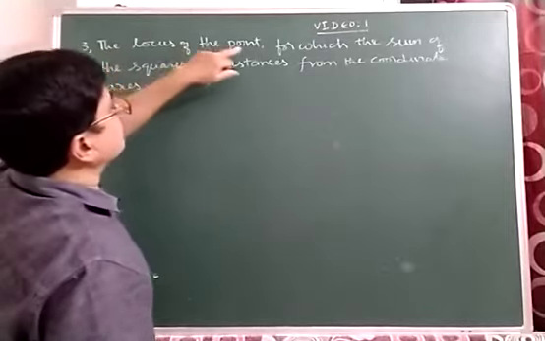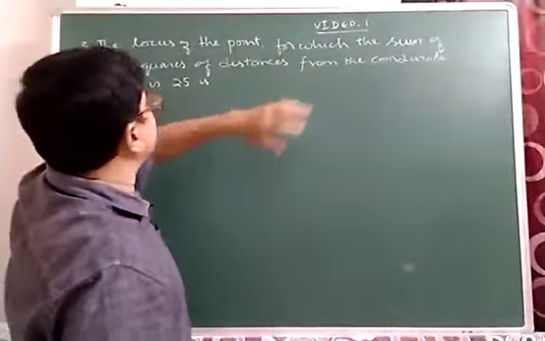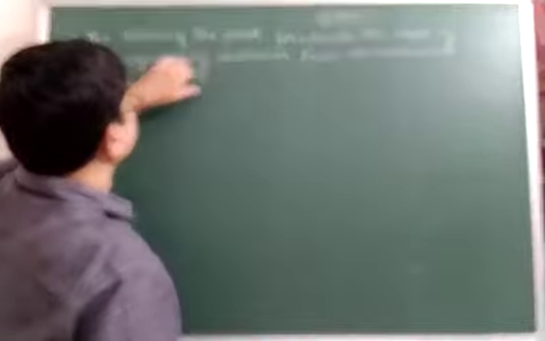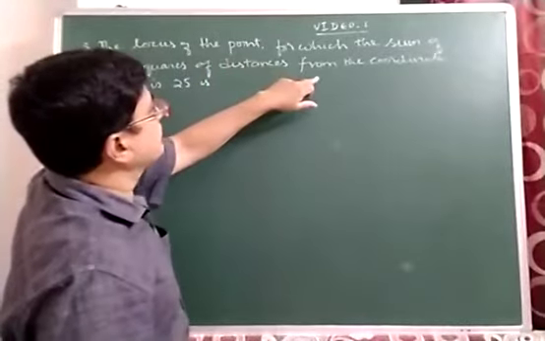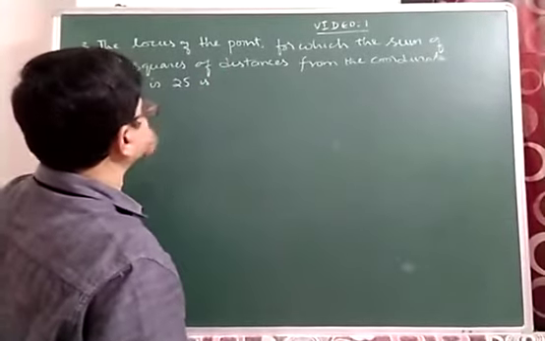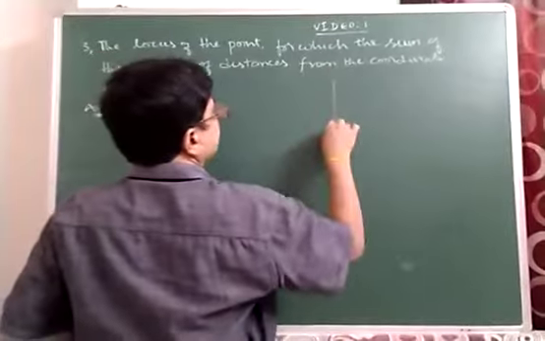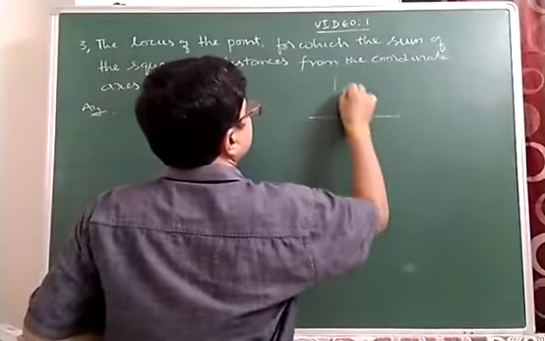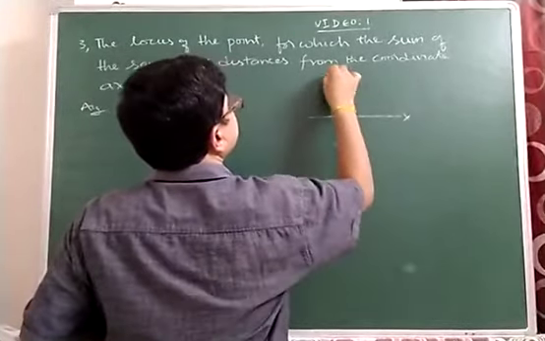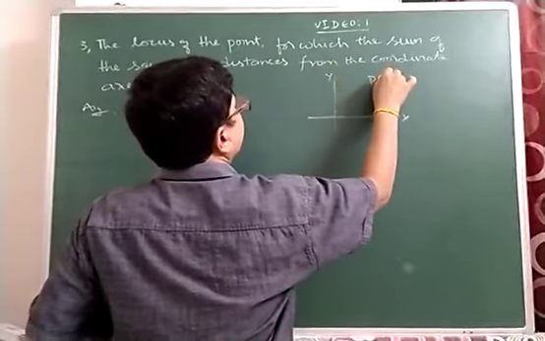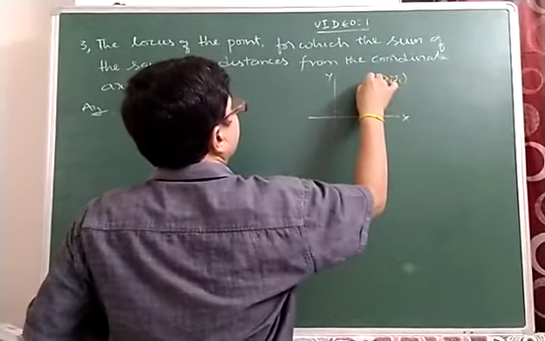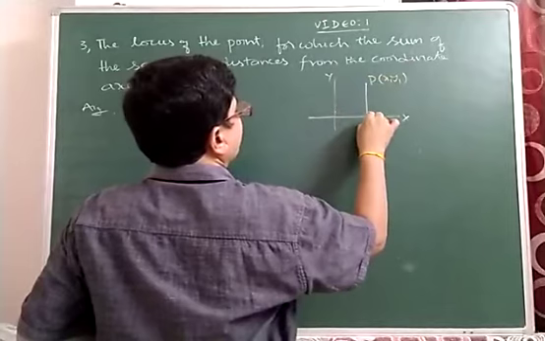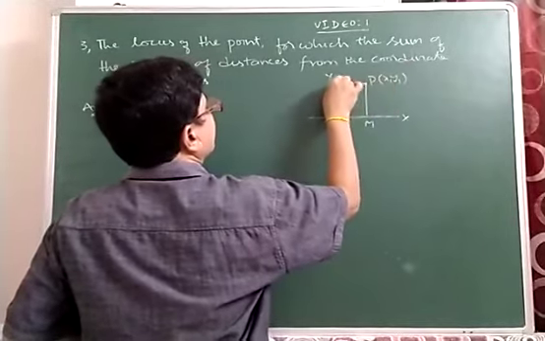The locus of the point for which the sum of the squares of the distances from the coordinate axis is 25. That means this is the coordinate axis, x-axis and y-axis. P is a point in the first quadrant. Draw PM perpendicular to the x-axis and PN perpendicular to the y-axis.